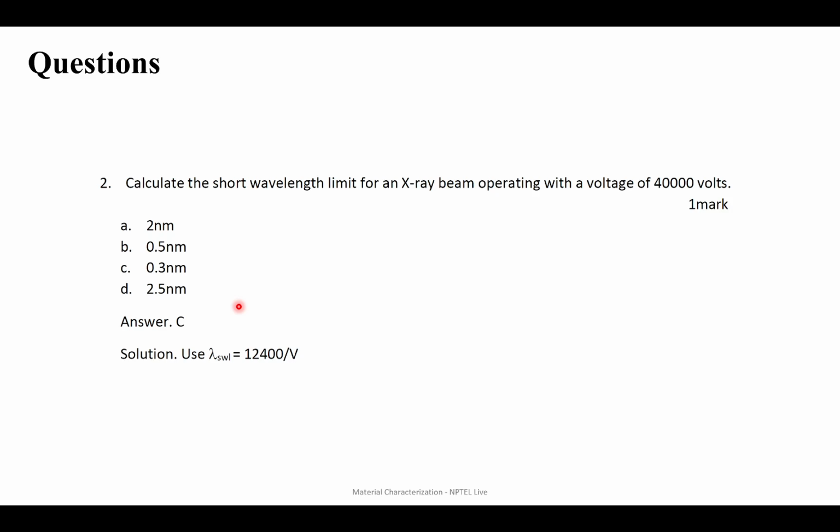So the options here are wrong. The answer would be 0.3 angstroms, not nanometers. The formula lambda SWL equals 12,400 by V is for calculating lambda in angstroms. So you put in 40,000, you will get 0.3. So that will be 0.3 angstroms and not 0.3 nanometers.